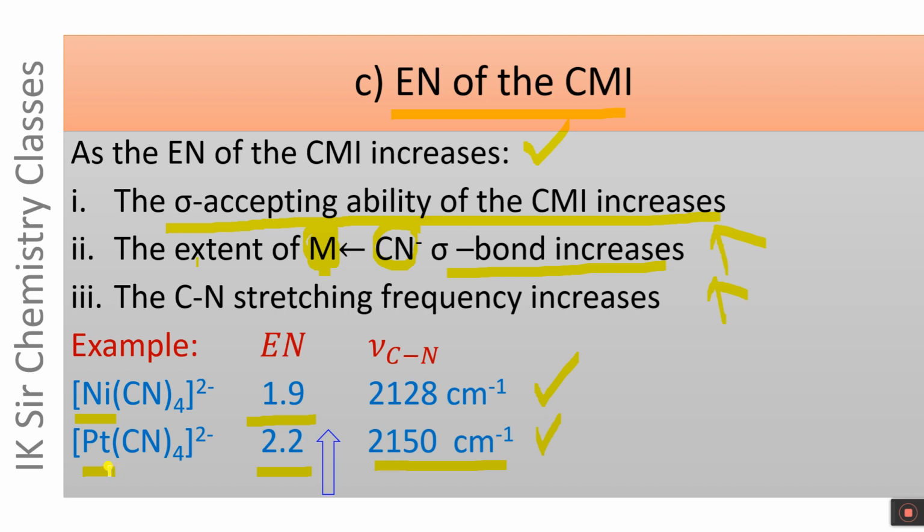As a result, the sigma accepting ability of platinum 2 plus will be greater than that of nickel 2 plus. And as the sigma accepting ability of the metal ion increases, the extent of CN minus to metal sigma bonding increases, and accordingly CN stretching frequency increases from 2128 centimeter inverse to 2150 centimeter inverse.